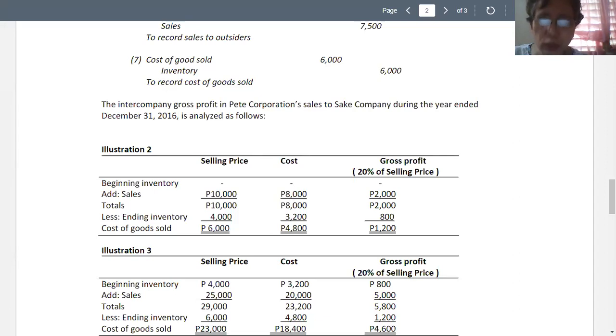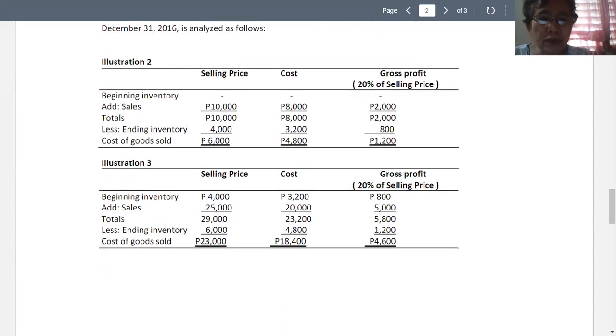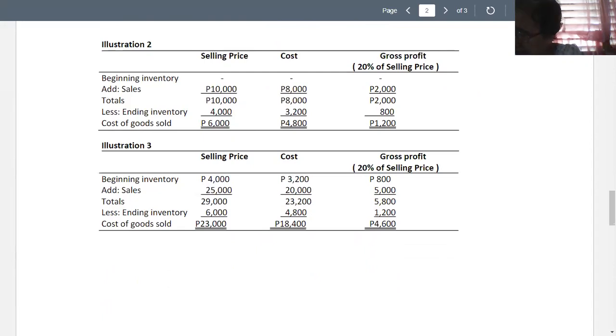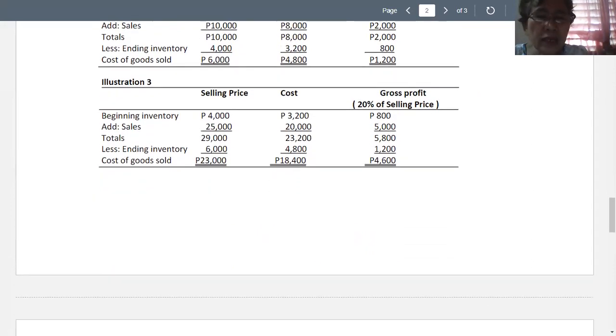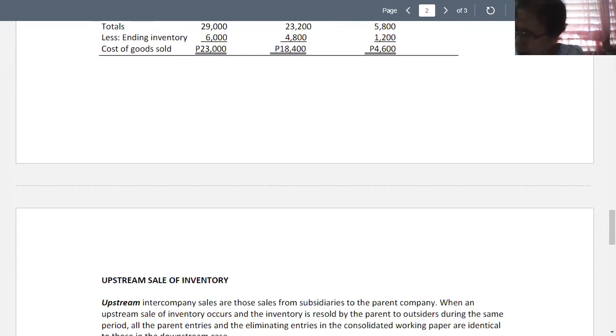The applicable gross profit is 1,200. Now, these are the applicable data for our illustration number 3. Okay. Now, after this illustration, we now go to the elimination entries.